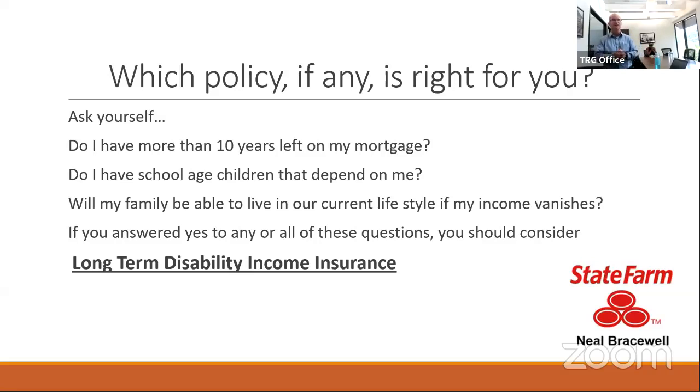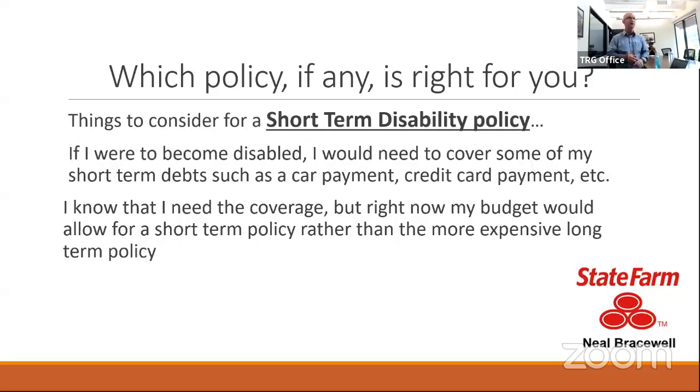God forbid anything happens to her. Family, you want to make sure your family can live the current lifestyle that they're living. If you were to become disabled and couldn't work, you don't want kids to have to move out of the schools they're in. You don't want to have to move to a smaller place, move to a worse neighborhood, those kind of things. Those would be reasons to get a long-term policy.